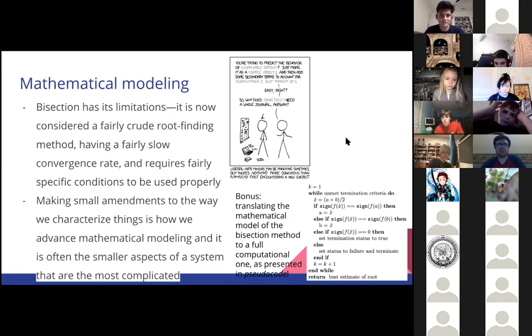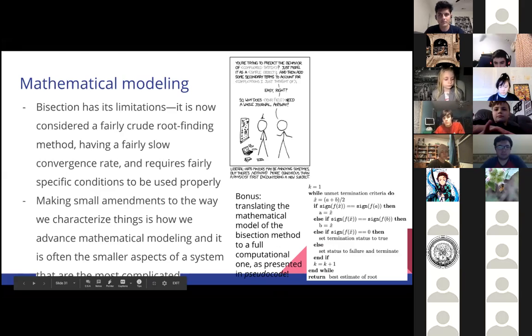Which frankly is what most scientific criticism boils down to. And it is misguided because again, it really is often the most complicated aspects of the system that are the smallest. So we can usually at least get a good approximation of how things behave by just modeling it as a simple object. But it is very rarely just as simple as adding secondary terms.